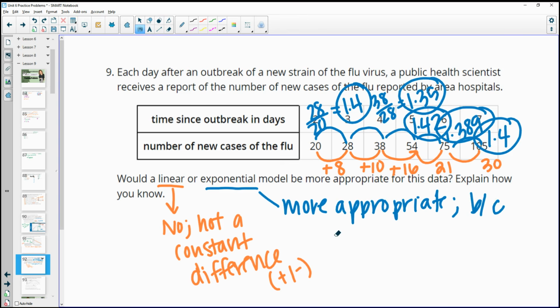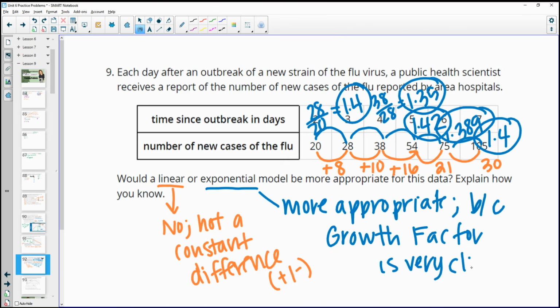Because the growth factor is very close to 1.4 for each case, right? So not exact, but they're all pretty close to 1.4 when you divide those.